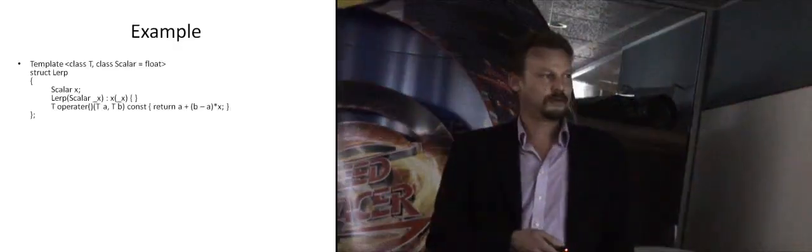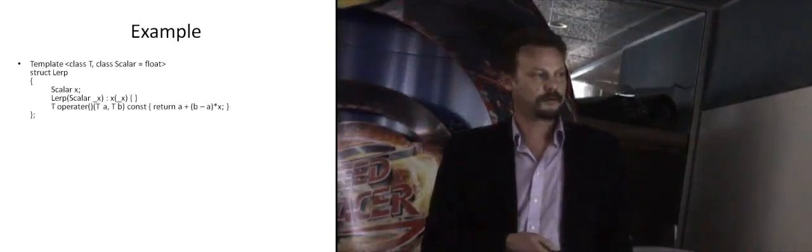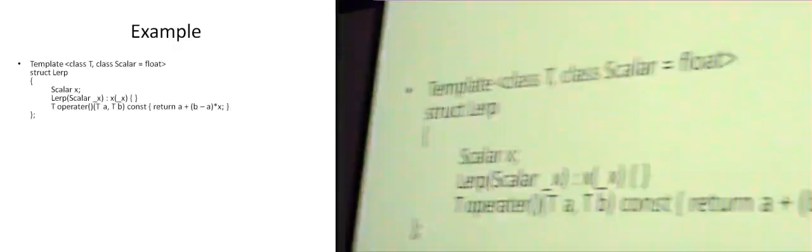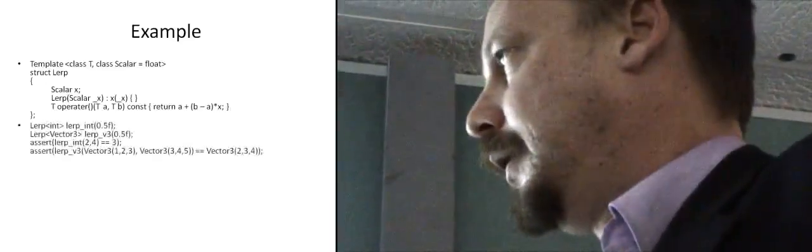So we've got a structure here, construct it with a scalar, initialize it. We've got a function call operator overload, which takes two value types and does the interpolation and returns it. This is the beast that does the interpolation. I hope I still remember how to do a linear interpolation. And there's some example usage.